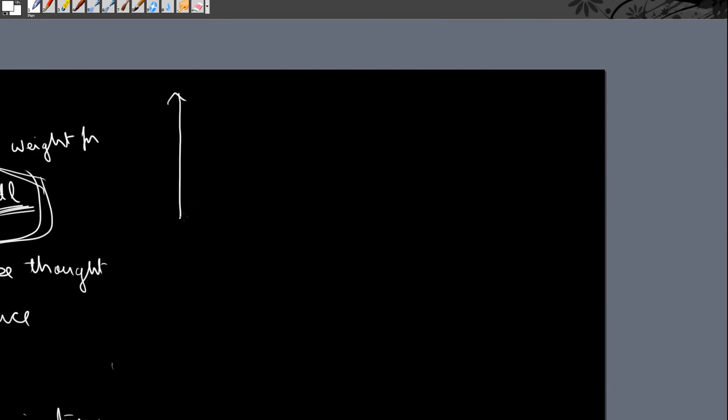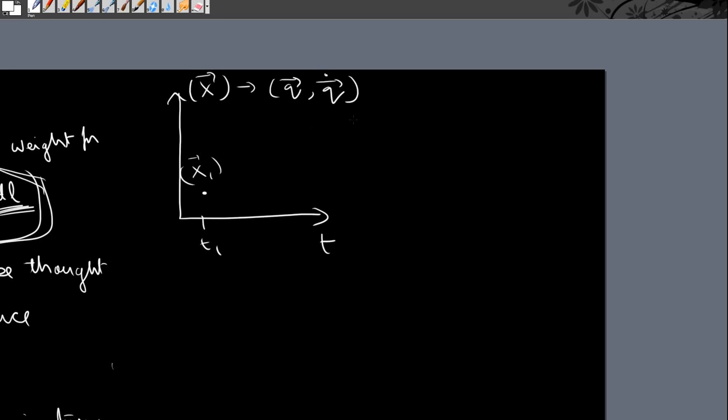So let's consider the system. So I'm going to define this as the time axis and this as the x-axis, where this x denotes all the set of generalized coordinates and the generalized velocities. Now let's say that the system at time t1 is at some initial state defined by x1, and at some time t2 goes to some final state defined by x2.